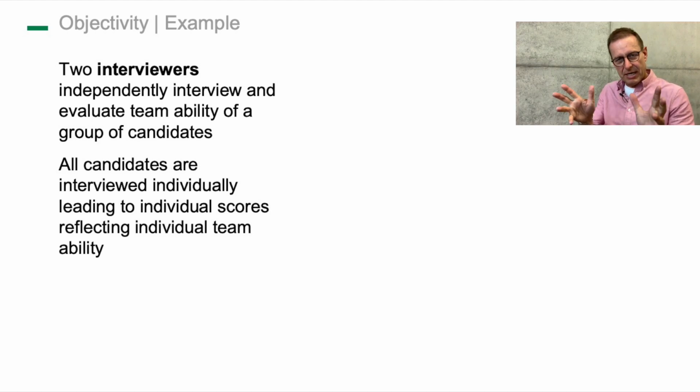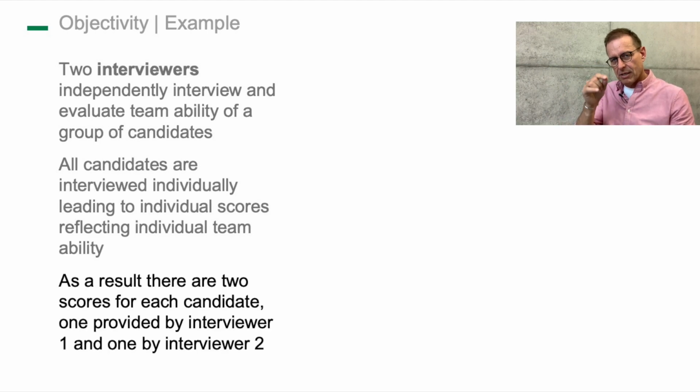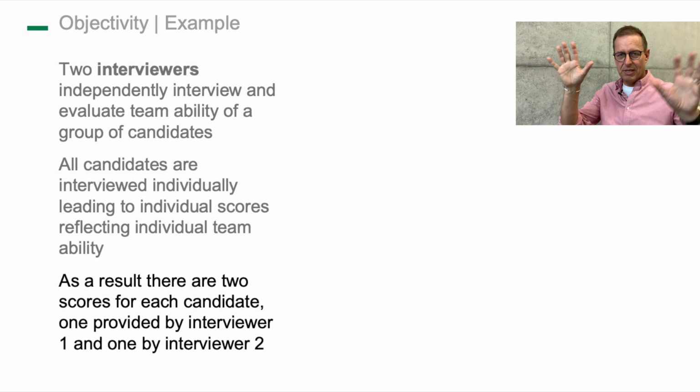Okay? So can you imagine this? 20 candidates are evaluated along the same criteria, team ability, let's stick to this example, by 2 persons independently. So you have HR professional A and HR professional B, and both make an evaluation about each candidate.